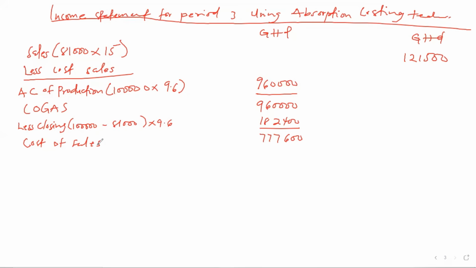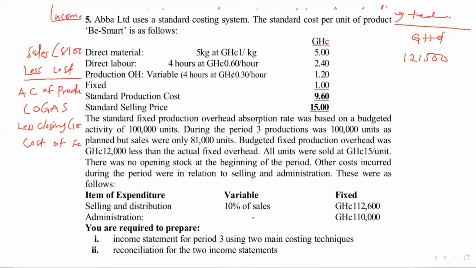So with the under absorption, we always compare the budgeted and the actual to know whether there is under absorption or over absorption. So with this question, you are seeing that the budgeted is less 12,000 than the actual fixed overhead, which means there was under absorption.